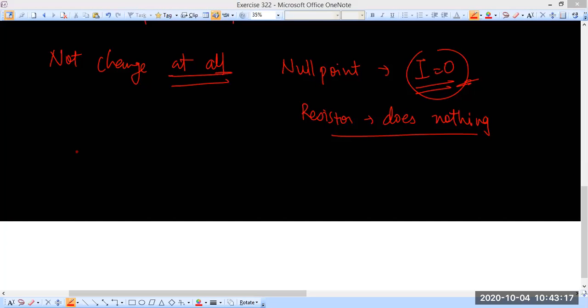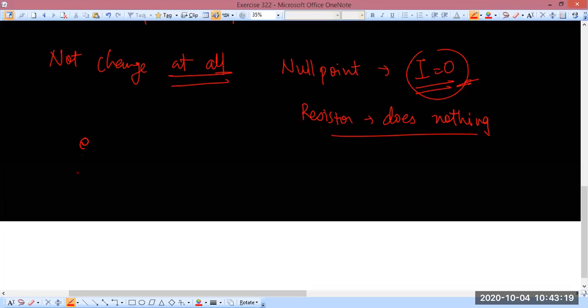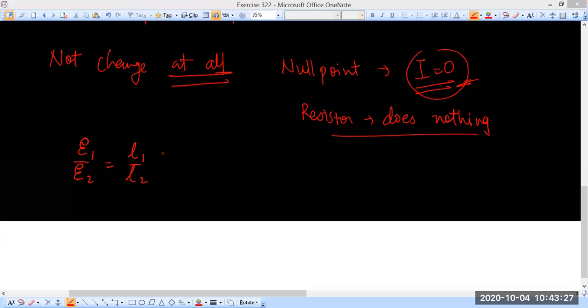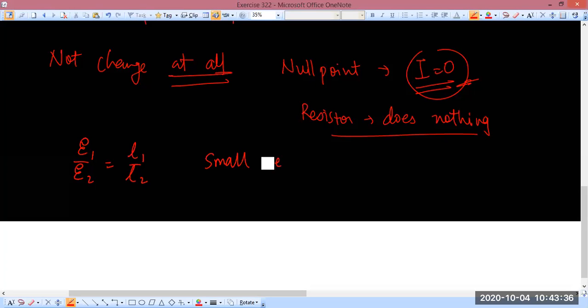The answer is no, because if you read carefully and look at this formula, you can find small EMF only if you can measure small length. Agreed? Do you understand this?